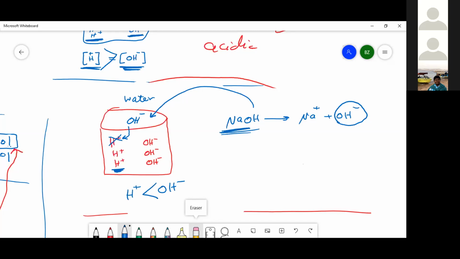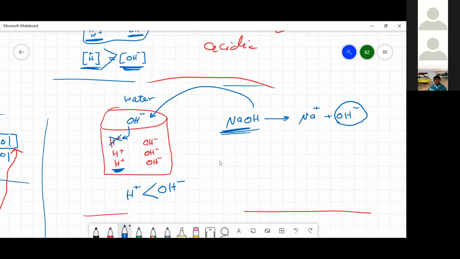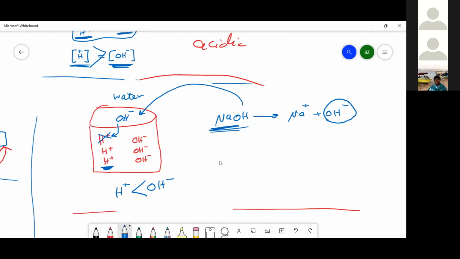Mister, it's so hard to understand. It's very easy, it's not hard. NaOH has OH. This OH will eat H plus, so it decreases the H plus in the water.